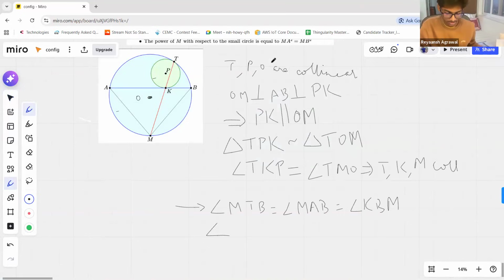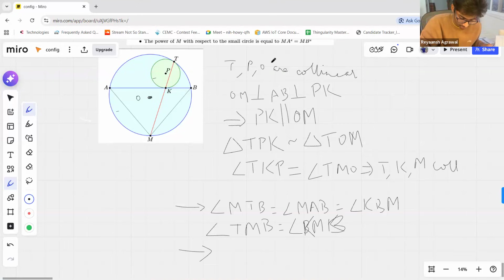What did you say after MTB equals KBM? Since T, K, M are collinear, we get that angle TMB is equal to angle BMK.